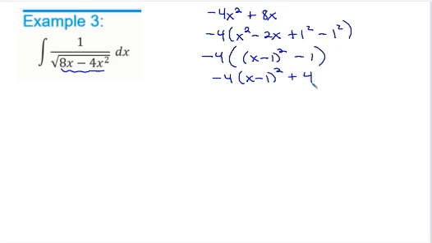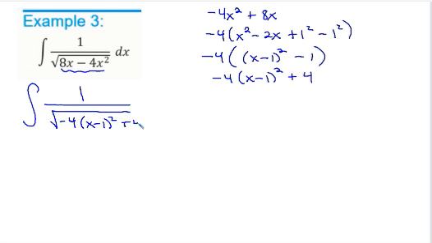Now that's one way you could do this. You could think of it that way. But let's just kind of work with this a little bit and see what we get. So we have the integral now of 1 over the square root of negative 4 times x minus 1 quantity squared plus 4.